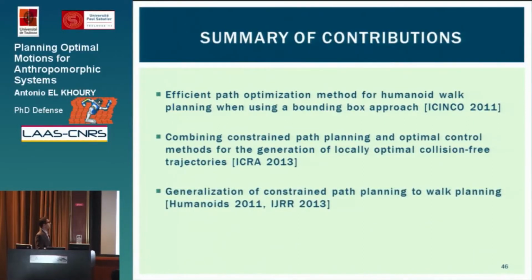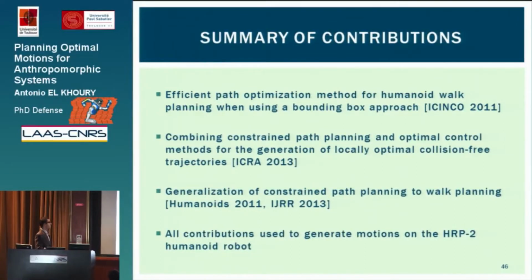And finally, we generalized the constrained path planning that was introduced here to walk planning using the small space controllability property of a dynamically walking humanoid robot. And finally, I would like to note that all contributions were used to generate actual and feasible motions on the HRP2 humanoid robot.